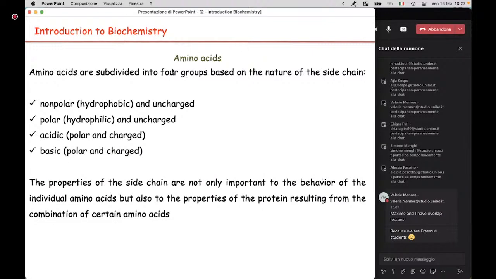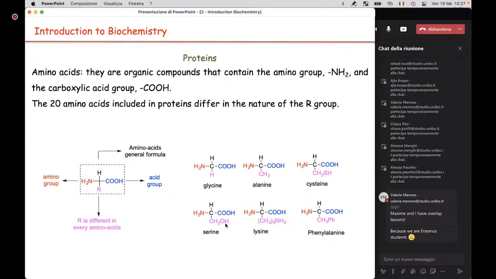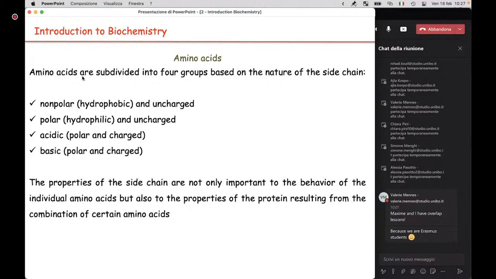Okay, so those amino acids, we have said that they are 20 in our proteins. They can be grouped based on the different side chain. Okay, of course, the only part that changes is the side chain. Okay, so we can classify them in four different groups: non-polar or hydrophobic, and uncharged.